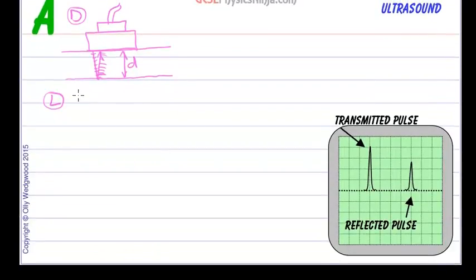So I'm going to write speed equals 1585 meters per second. We want to know what the distance is. So distance D equals question mark, and that's going to be in meters.